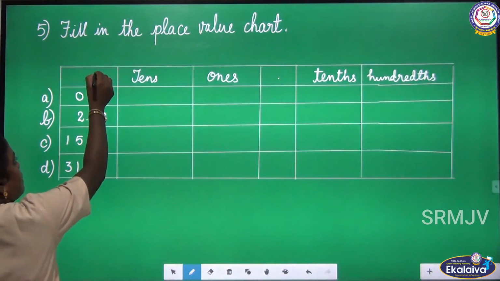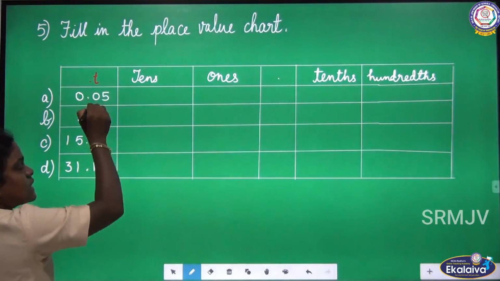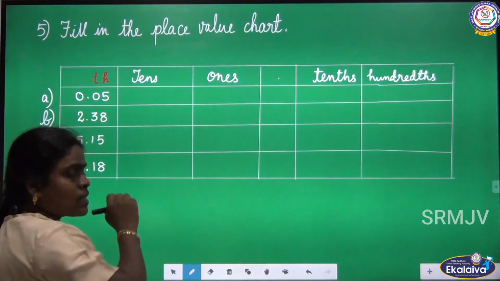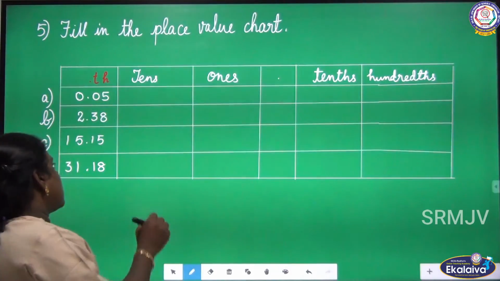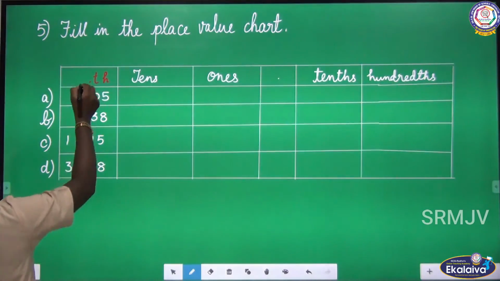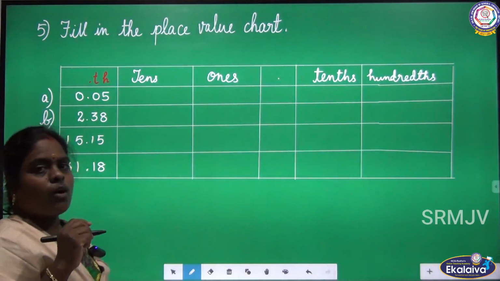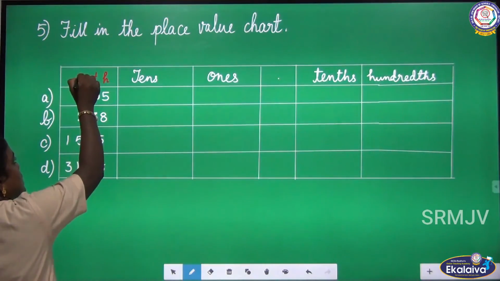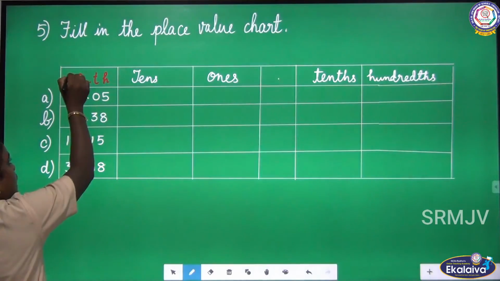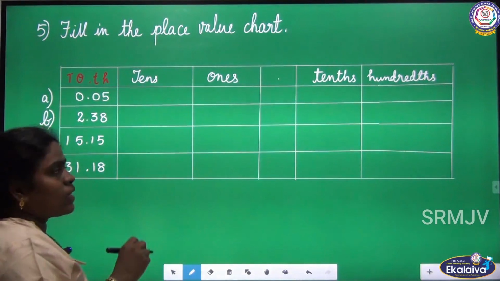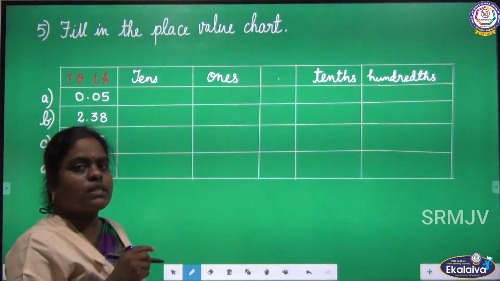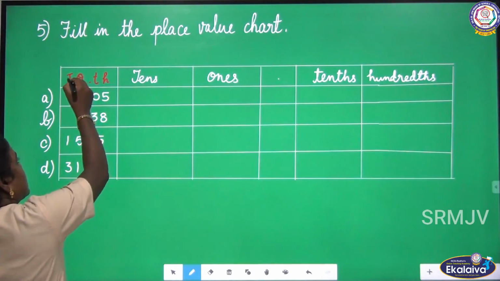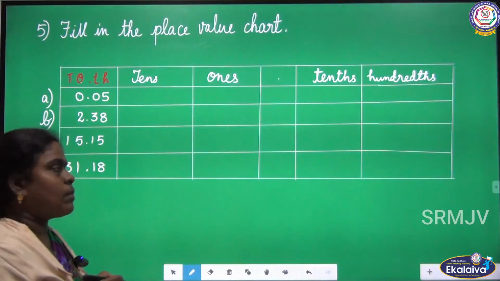After the decimal, we have to start from tenths, then hundredths. Before the decimal, it is the whole number part. We have to start from ones, then tens, etc. So after the dot, we should start from tenths and hundredths, then ones and tens are the whole number part.